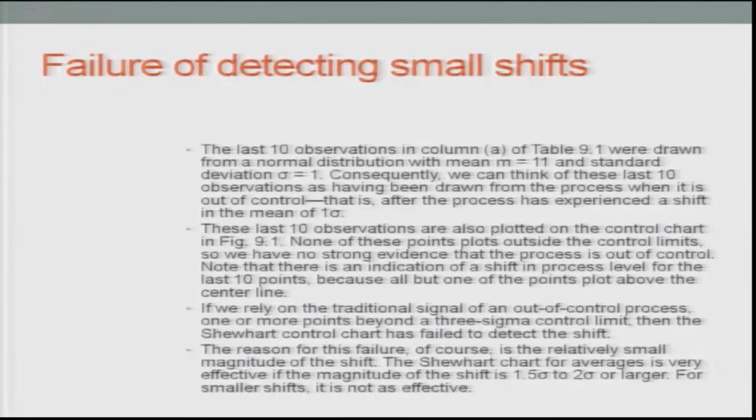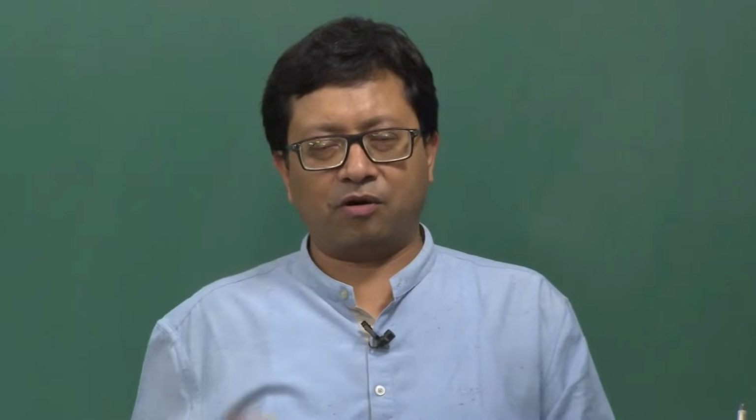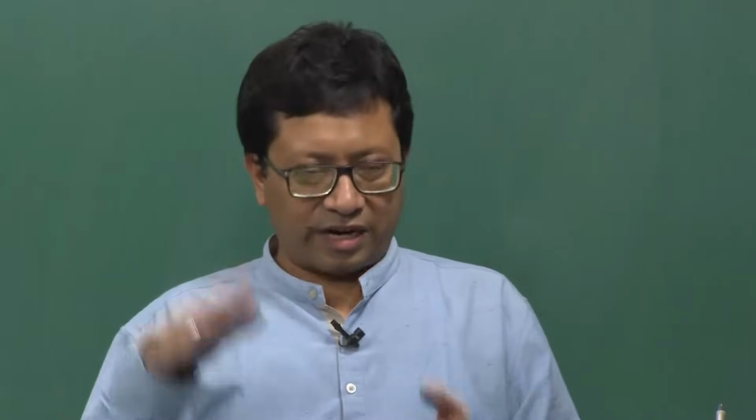None of these points are outside the control limit, yet we have strong evidence the process is out of control. Note that there is an indication that a shift of the process level for the last 10 points has happened, because all but one of the points plot above the central line. If the whole set of points is above it, you would be aware that the overall trend is changing.